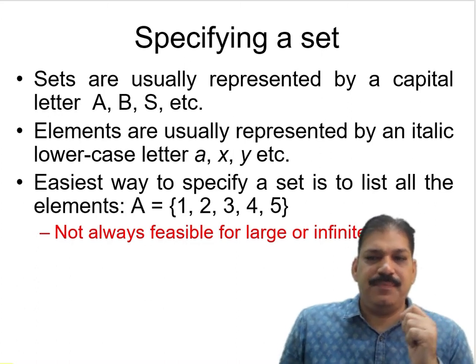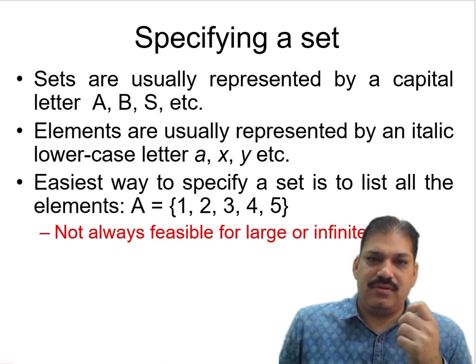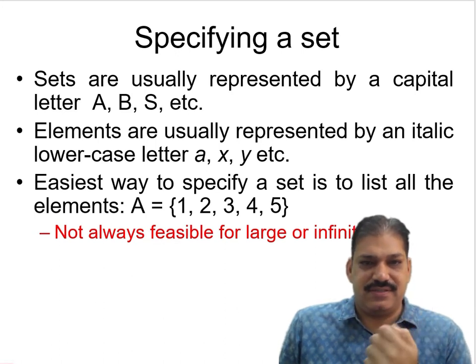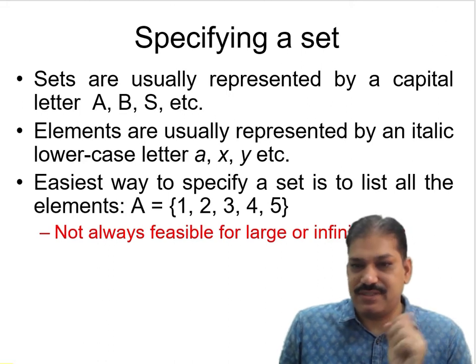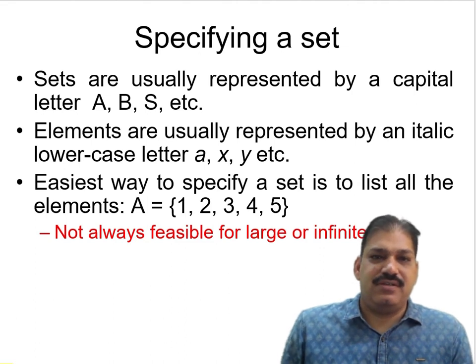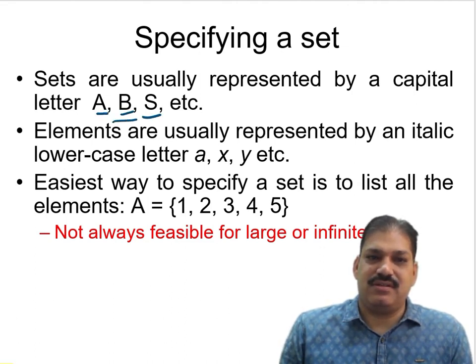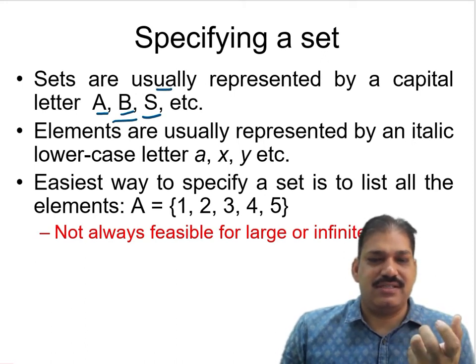Well, in the previous session, we discussed collections and sets. In this session, we will talk about representation of a set. Sets are usually represented by capital letters like A, B, S, etc. Usually, we name the sets with the capital letters of the English alphabet.